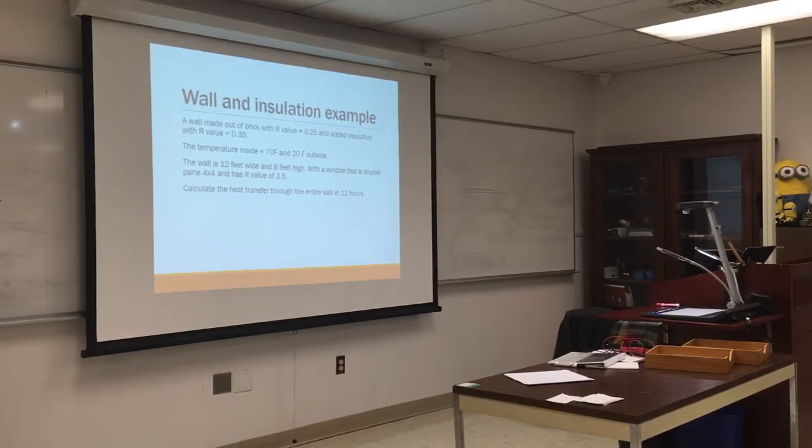I'm going to subtract the window, which is 4 by 4. So I'm doing the wall by itself. And this question is going to be very common for the heat load balance exam. So this is the wall.